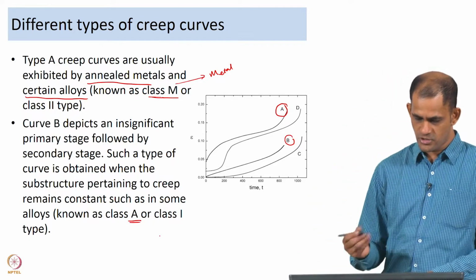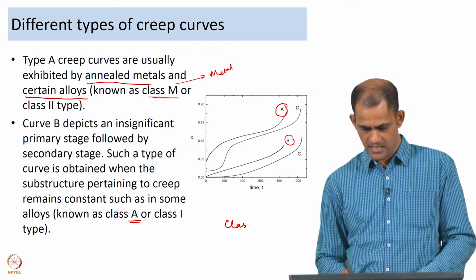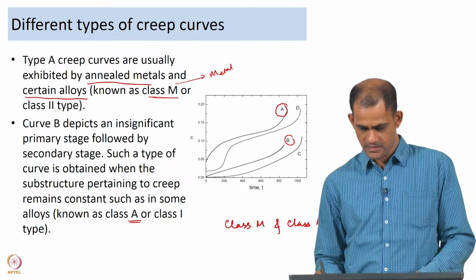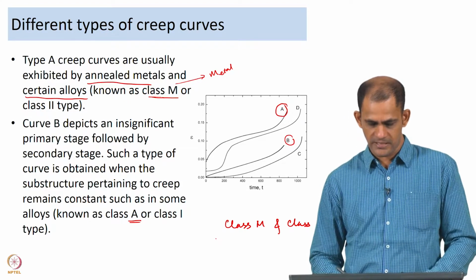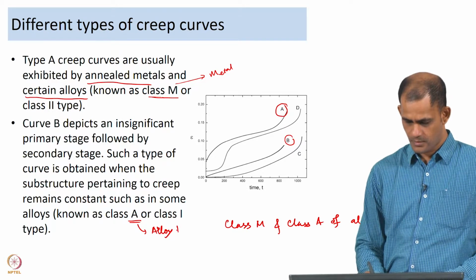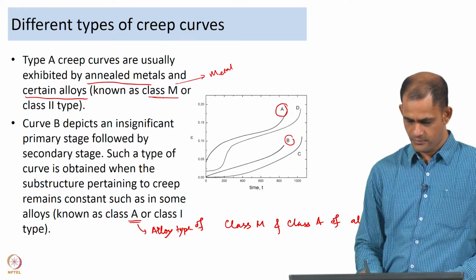So, we are introducing 2 terms here, class M and class A types of alloys or materials. Class M corresponds to metal type of behavior, class A corresponds to alloy type of behavior.